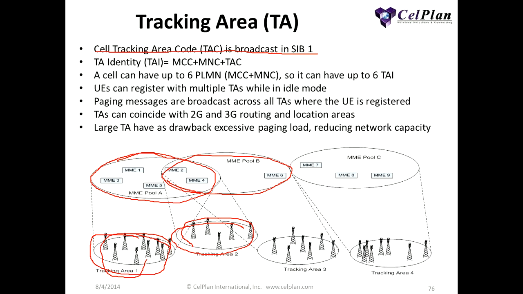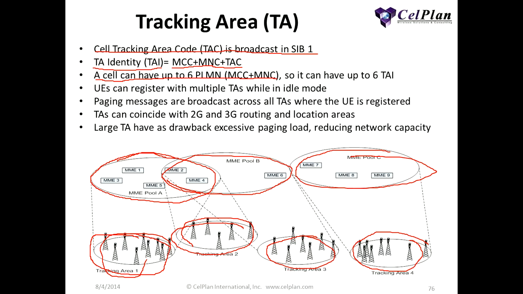Then you have other pools that can overlap with the previous pool that will also have other tracking areas. And you have MME pools that do not overlap, and they have their unique tracking areas. So basically, the TAI, the tracking area identity, is defined by the MCC, MNC, and the TAC.